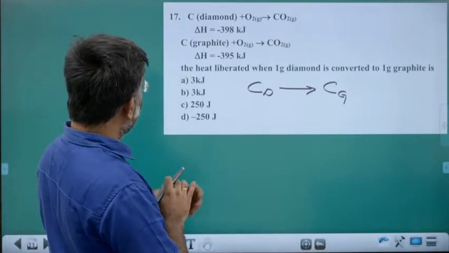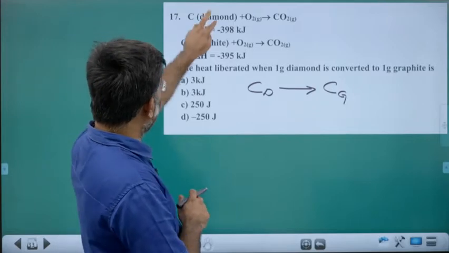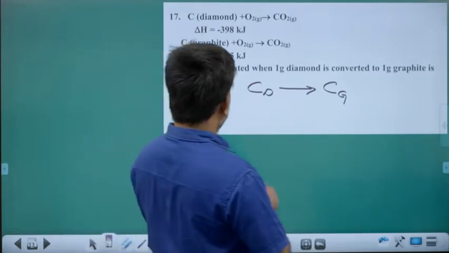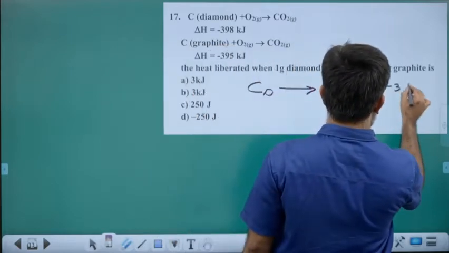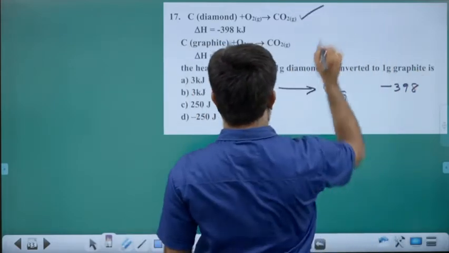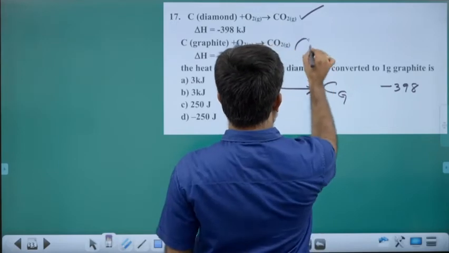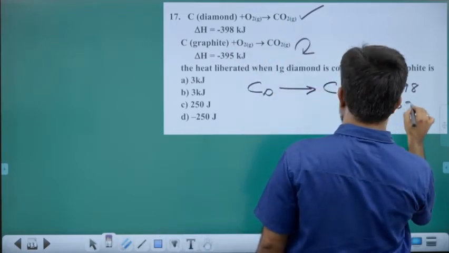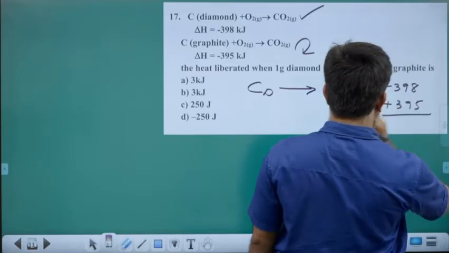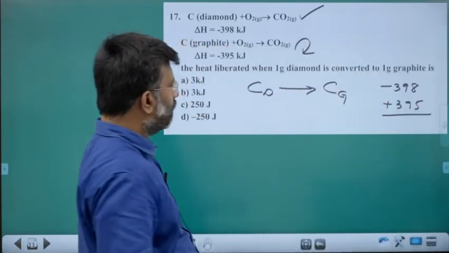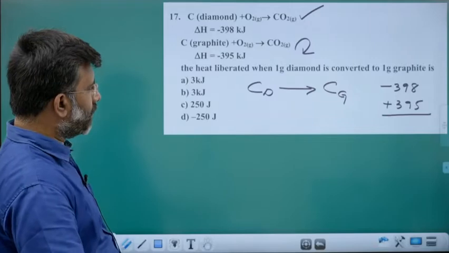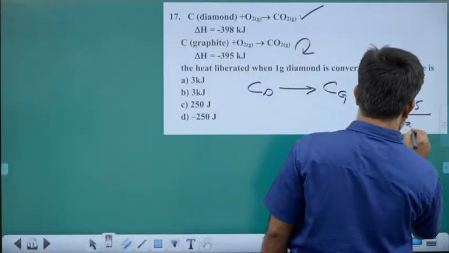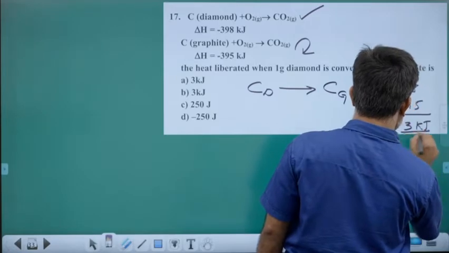Easily you can get it from the two equations. C diamond on the left hand side, C graphite you need on the right hand side. So the data will be minus 398. You take the first equation as such. Now you reverse the second equation and add. So it will be plus 395. Add this. How much is it? Minus 3. You get minus 3 kilojoule.